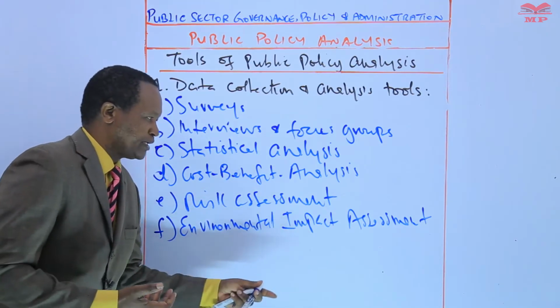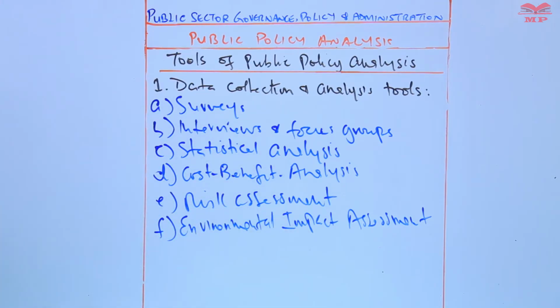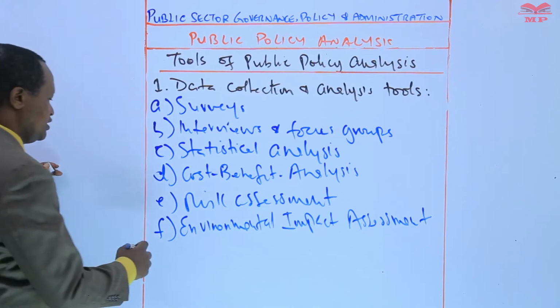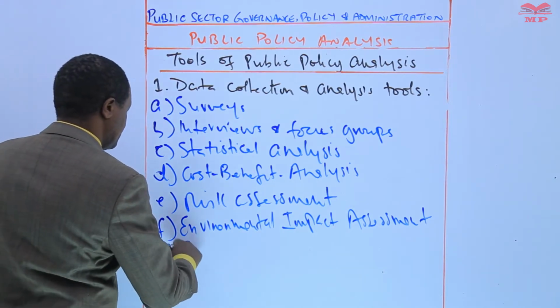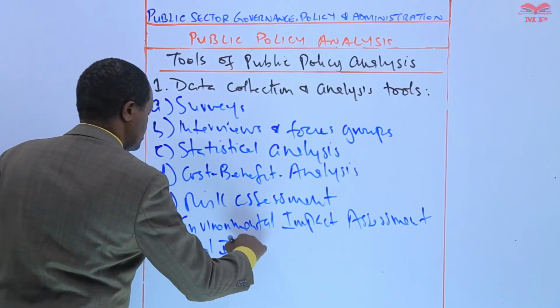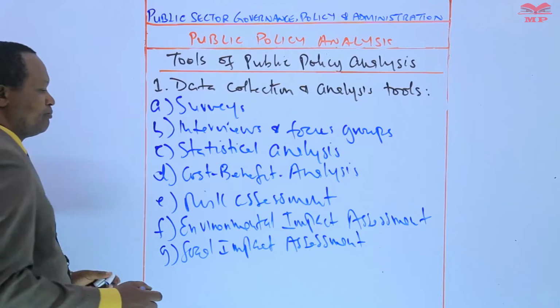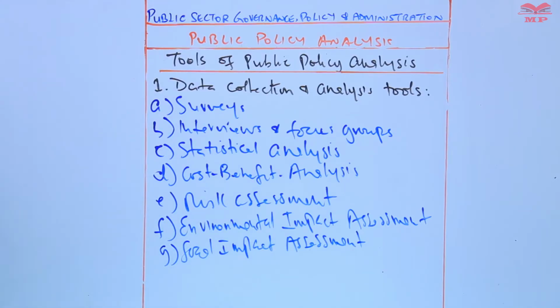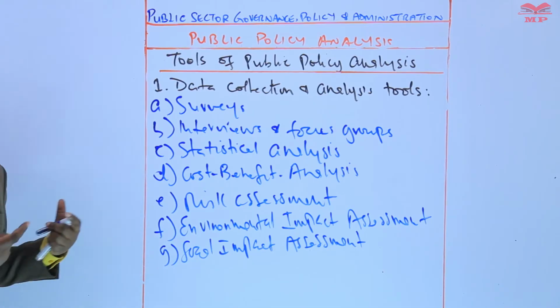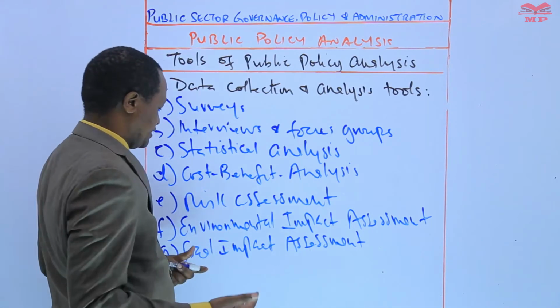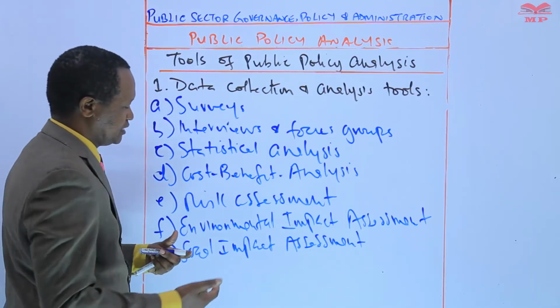Environmental impact assessment. The next tool is the social impact assessment. Social impact assessment examines the potential social consequences of a policy on different groups within the society.